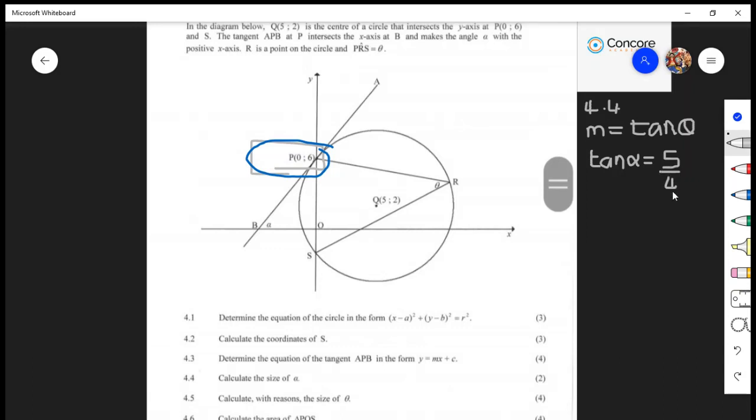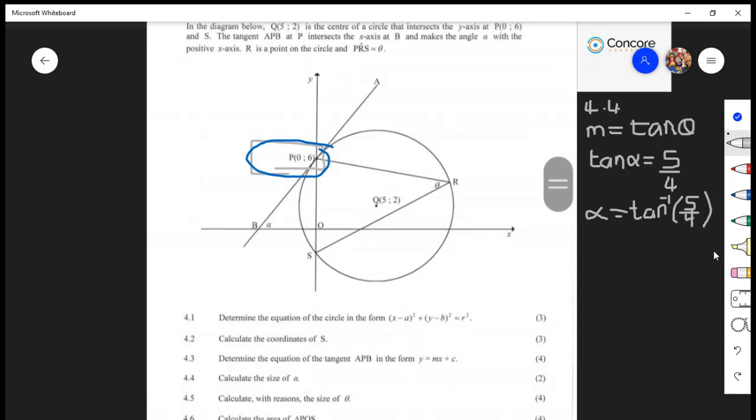Yes. Okay. So from here, all we do is we transpose our tan, which will be tan inverse of 5/4. And do all of you guys know how to put tan inverse on a calculator?